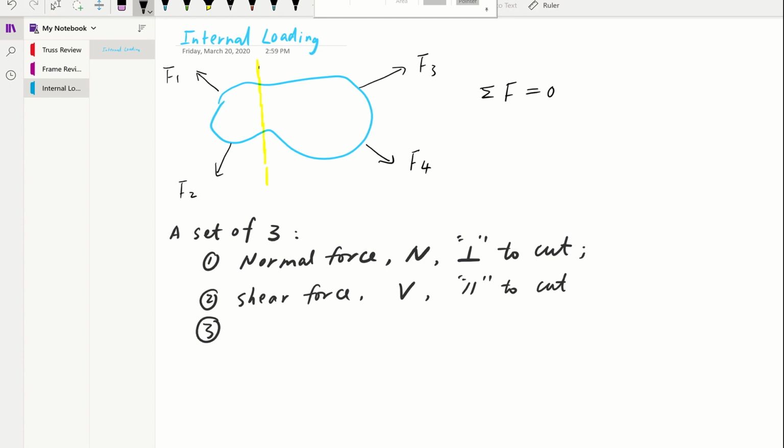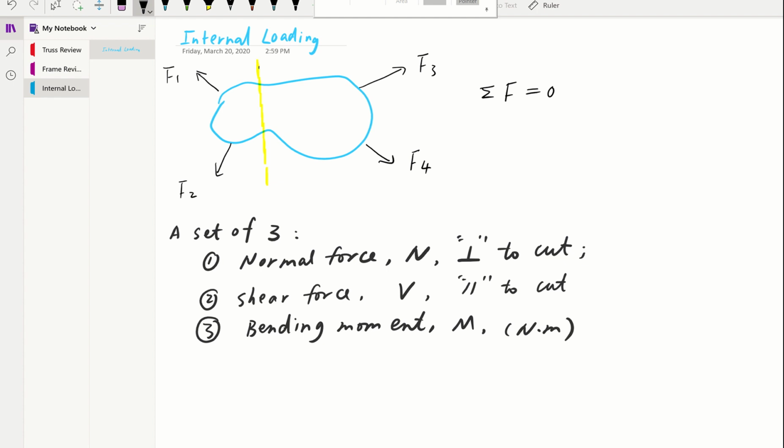The third one is called the bending moment, M. M is a torque or moment, so it's going to have a unit of what? Newton meter, to make it bend.